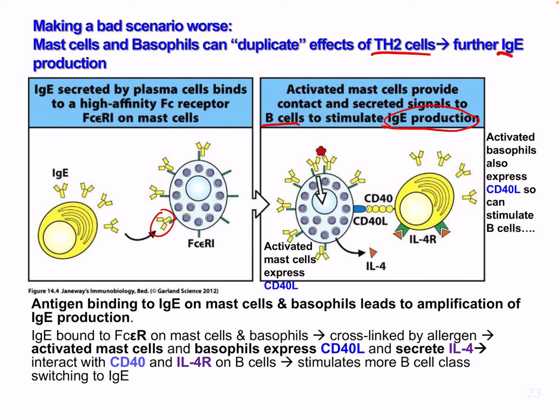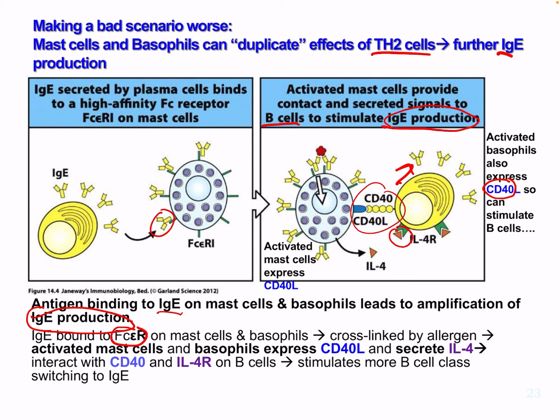These activated basophils also express CD40 ligand, which is needed for the B cells, and this can stimulate further production. And they also have IL-4 receptors. So an antigen binding to IgE on the mast cells and basophils leads to amplification of IgE production. So it's kind of a loop.